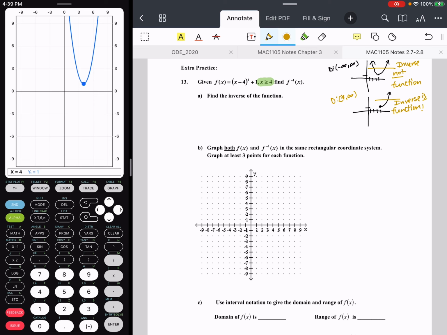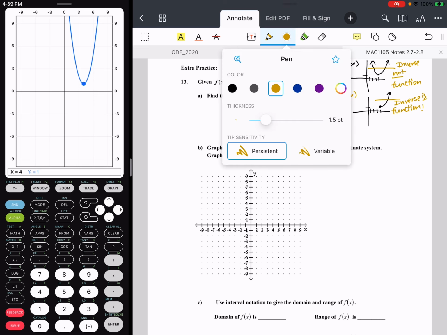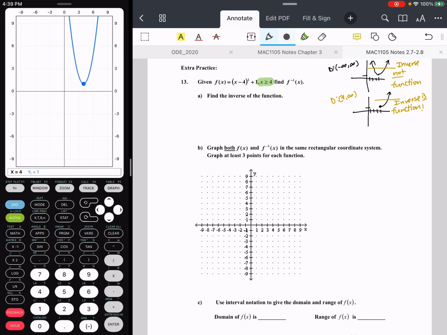All right, so let me just skip ahead because we're already talking about the graph of our original function. I can see that it goes through (4, 1), that's the vertex. And then using the trace function, we have the ordered pairs (5, 2) and (6, 5). So that's pretty good.